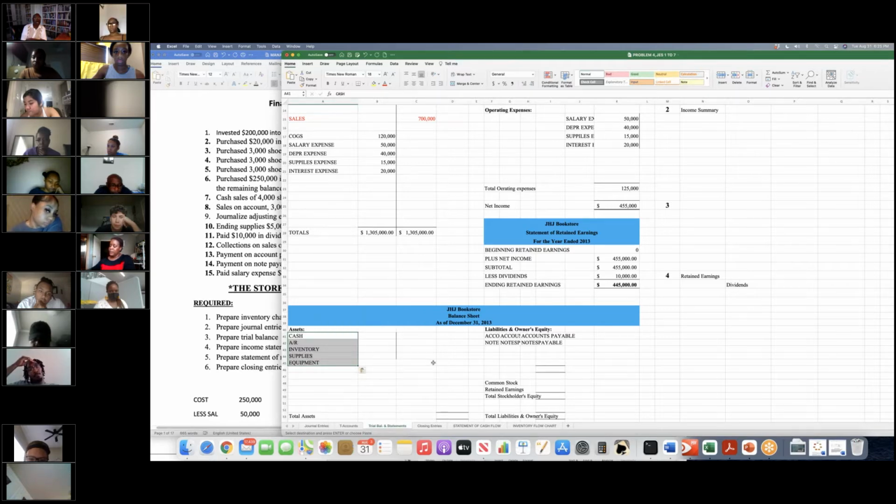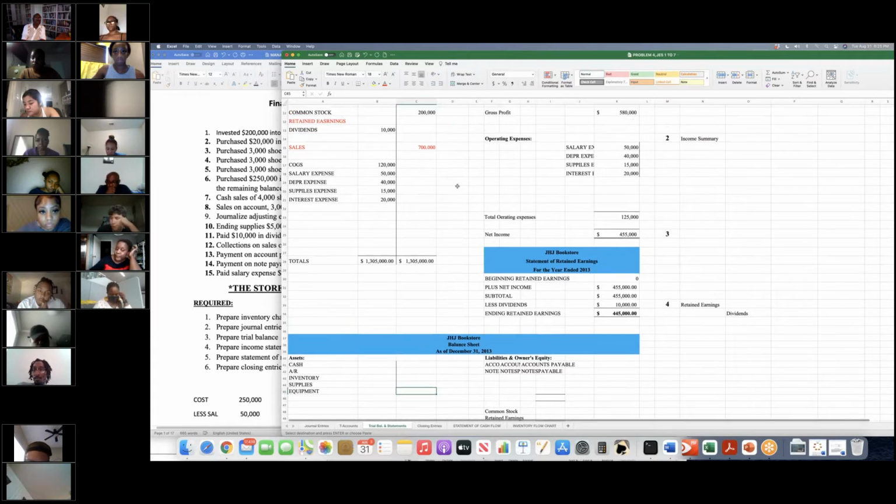The balance sheet is showing those accounts. We would go ahead and separate these out between current and long term in general, but we won't worry about that.